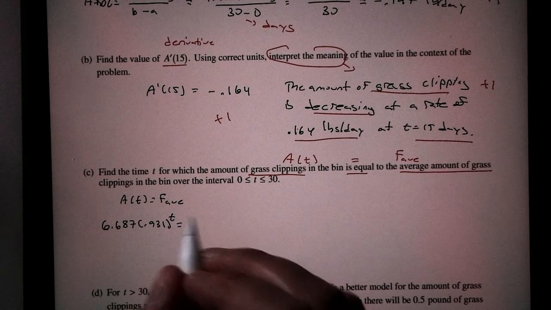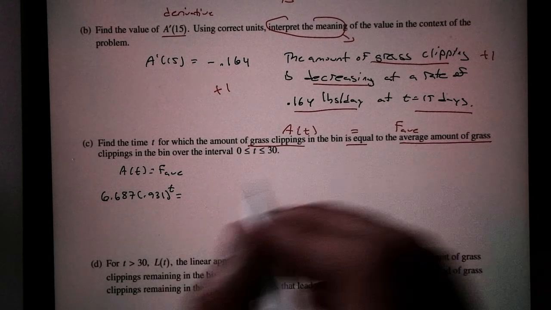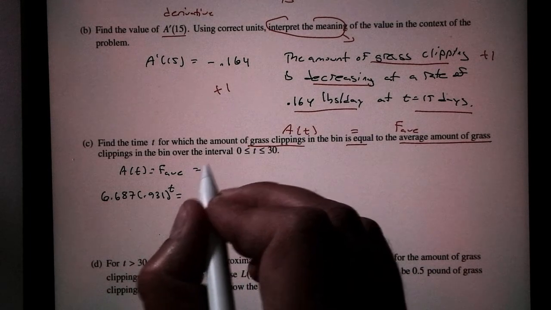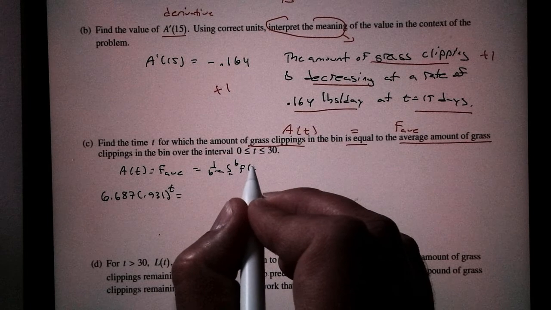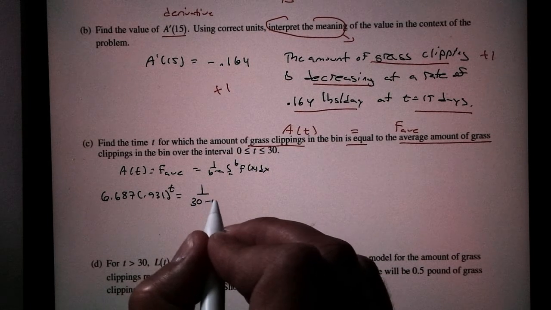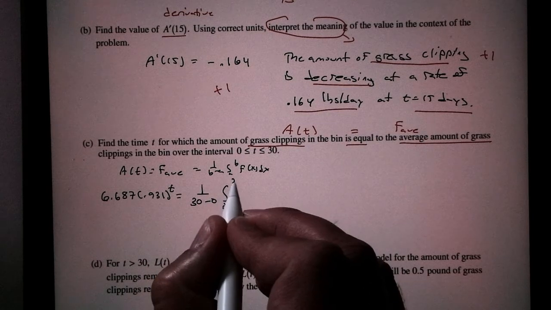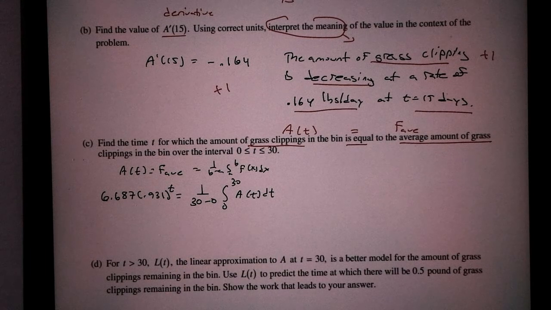AP is okay, just use a different variable. Is equal to the average value. Remember my average value, 1 over b minus a from a to b, f of x dx. So this is going to become 1 over 30 minus 0 from 0 to 30 of A of t dt.